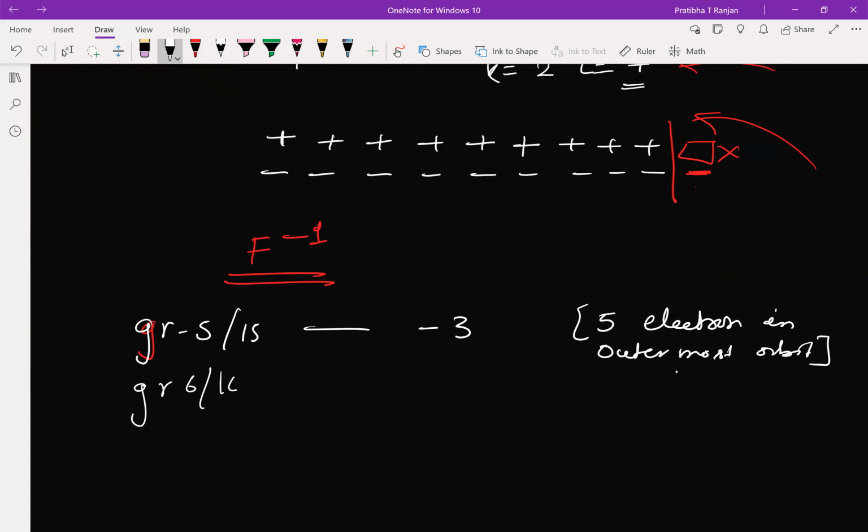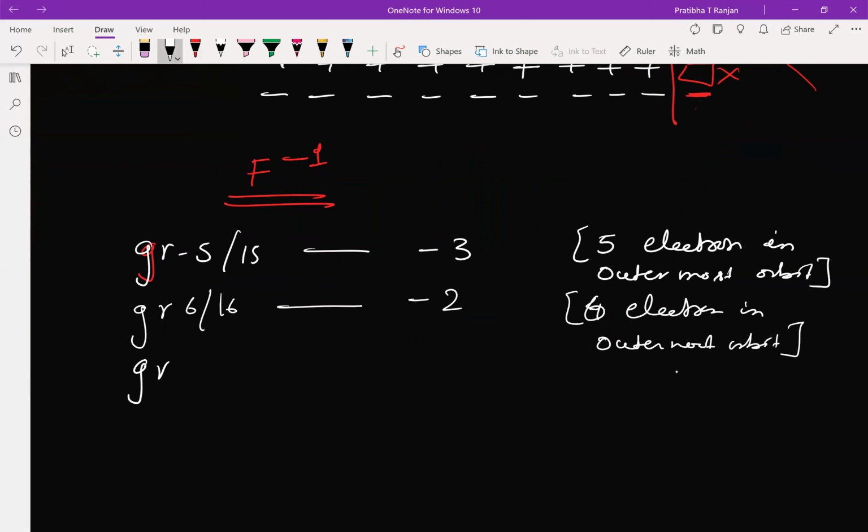Group 6 or 16 will develop a negative 2 charge because they have 6 electrons in the outermost orbit. And group 7 or 17 will develop a negative 1 charge because they have 7 electrons in their outermost orbit. So in this way, they are developing the charge.